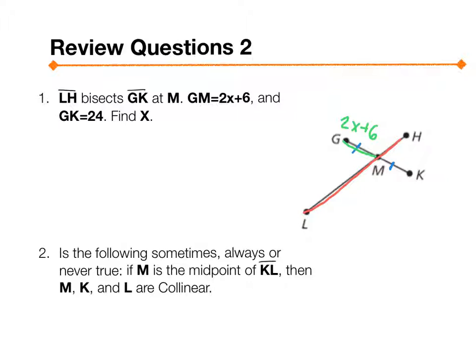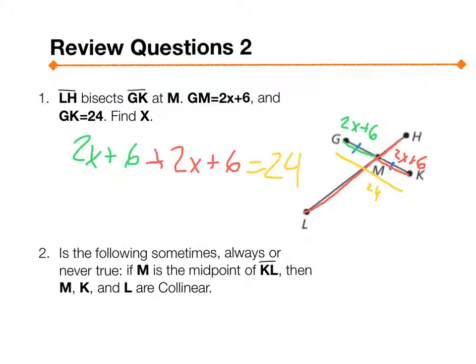And we know that the whole line is 24. So if GM is 2x plus 6, then we know that MK, this part, is also 2x plus 6. So we would add GM, which is 2x plus 6, plus MK, which is 2x plus 6, and set that equal to 24, since we know the whole line is equal to 24.